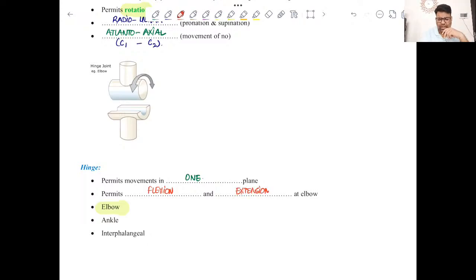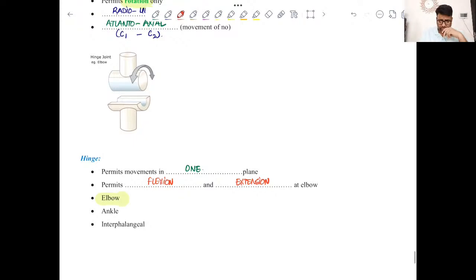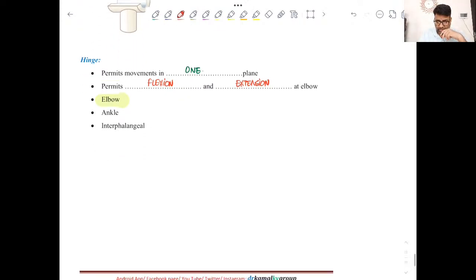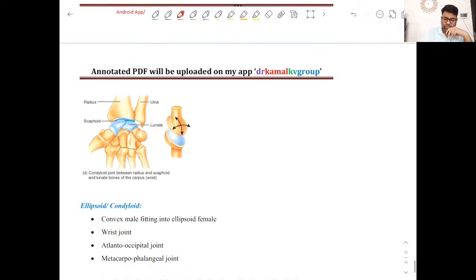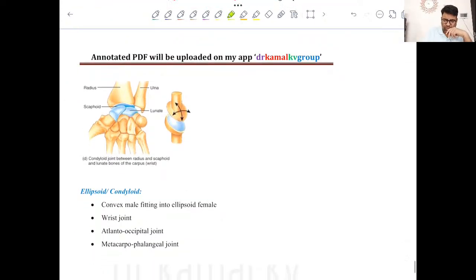So elbow, ankle, IP joint, all these are examples of hinge synovial joint, right? And then yes, there is one ellipsoid or condyloid joint as well. The classical example is of course the wrist, and others are atlanto-occipital between cervical first and base of occiput, and MCP joint, that is the knuckles, right?